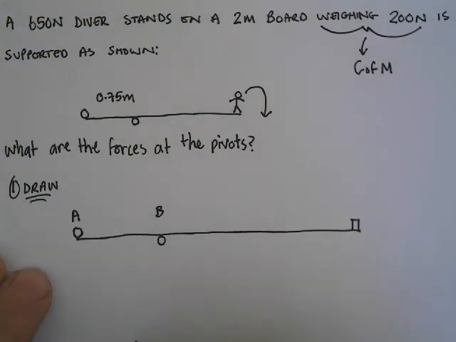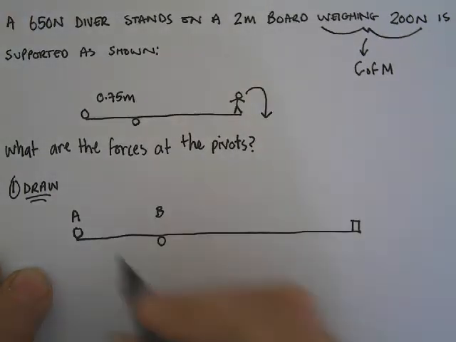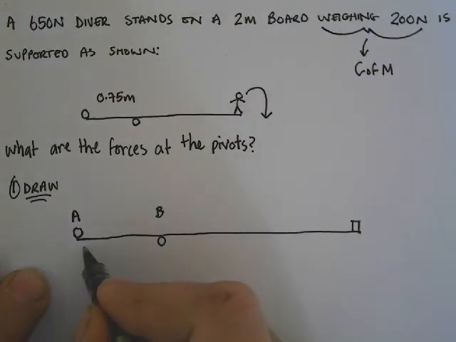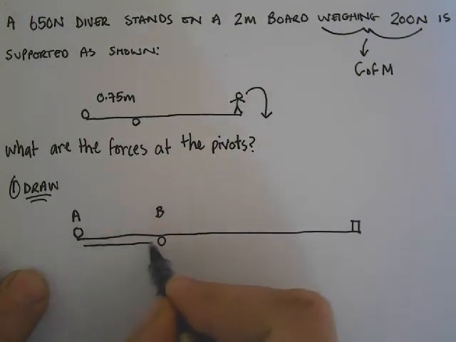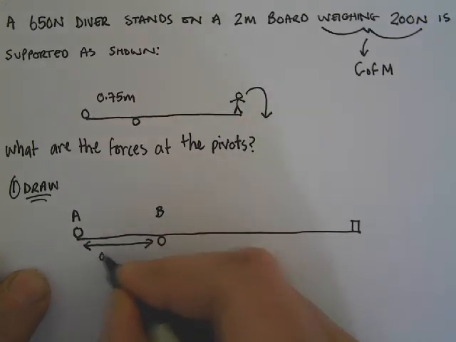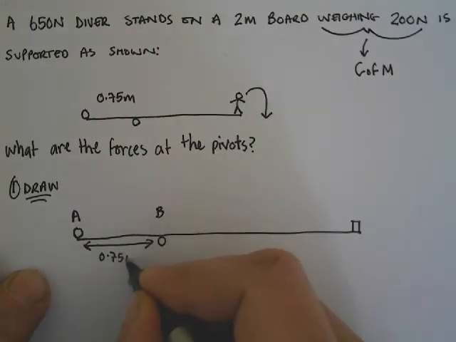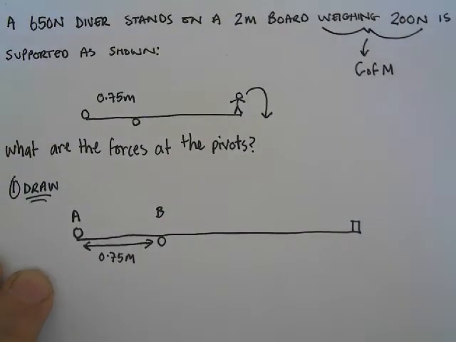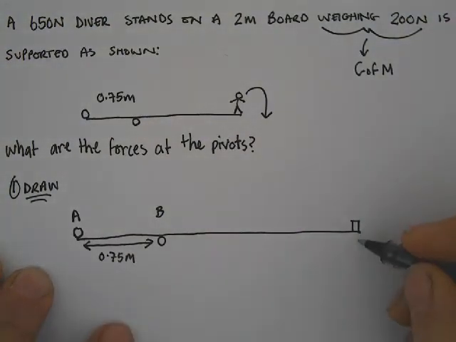And what else do we know? We know that the distance from A to B is 0.75 meters. We also know that the weight of the diver is 650 newtons.